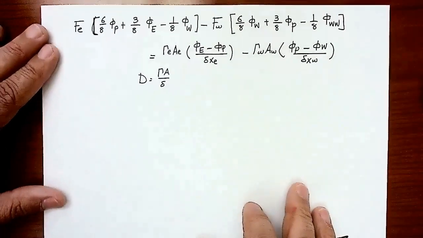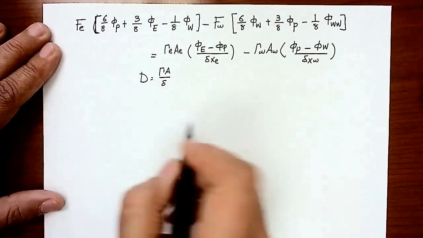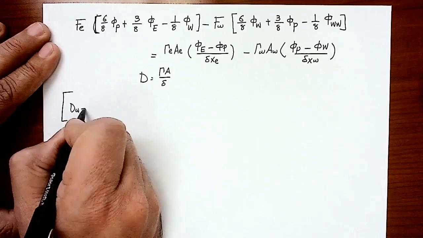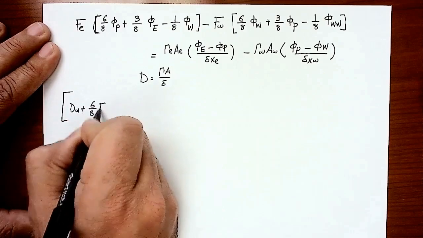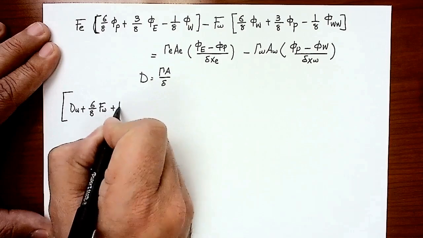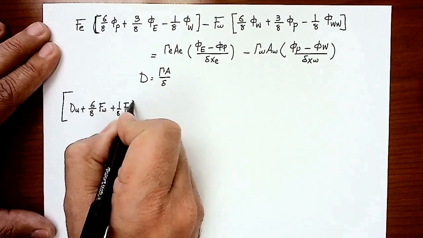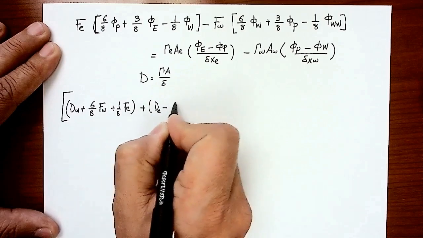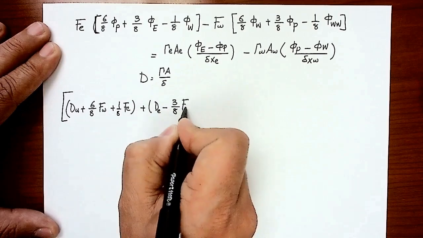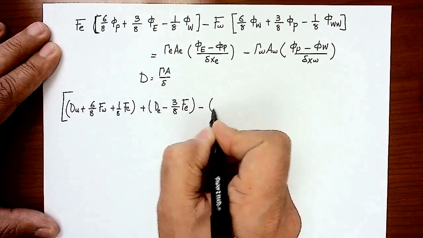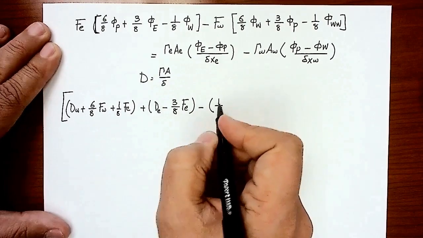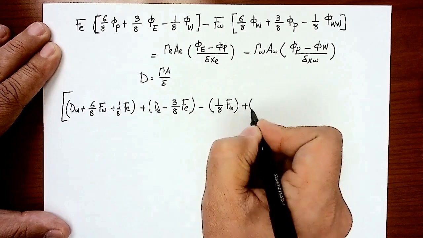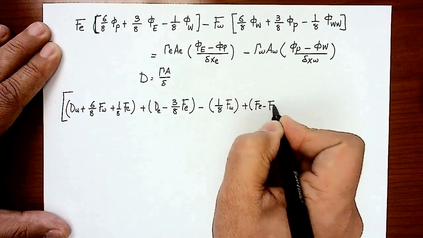I will collect the terms, so I will have D west plus 6 over 8 F west plus 1 over 8 F east plus D east minus 3 over 8 F east minus 1 over 8 F west plus F east minus F west.